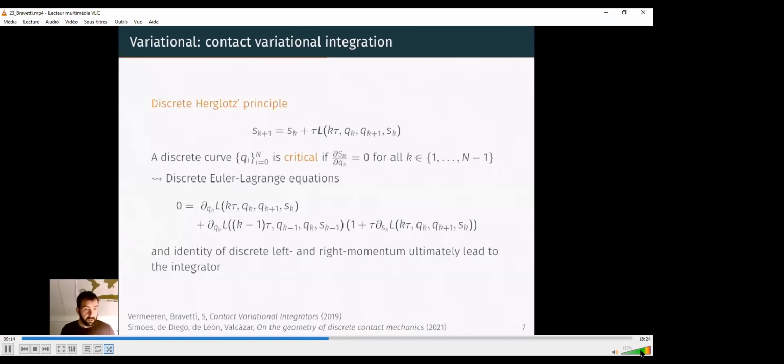A very important point is that since our equation is in a differential form, we actually get a different type of equation from what you would get by using the Lagrange-d'Alembert principle. What you end up having is an integrator that is in general explicit, and which is explicit also in its time dependence. While if you use Lagrange-d'Alembert in general, you will have an implicit integrator with adaptive time step instead of being able to use fixed time steps.